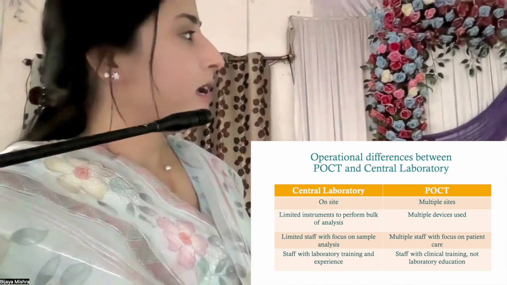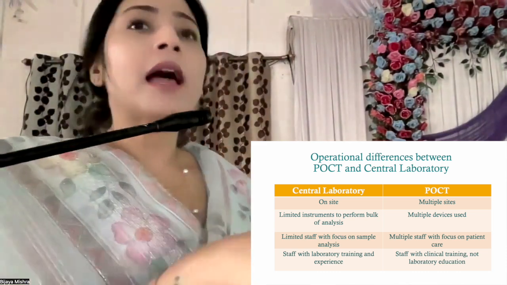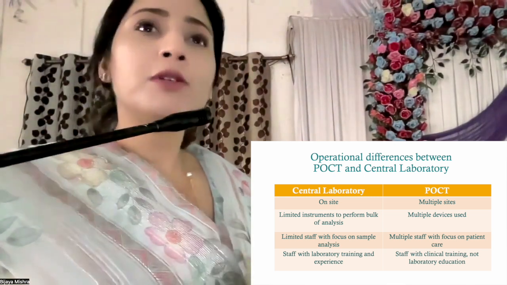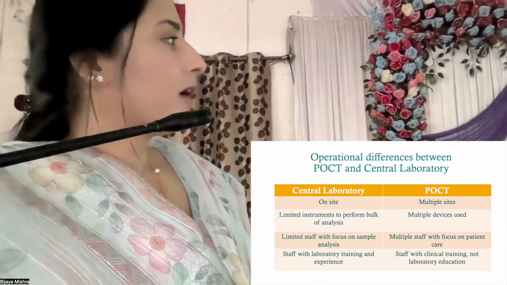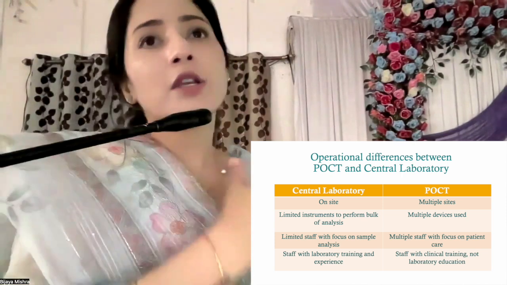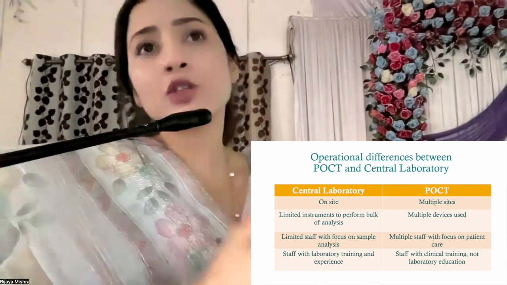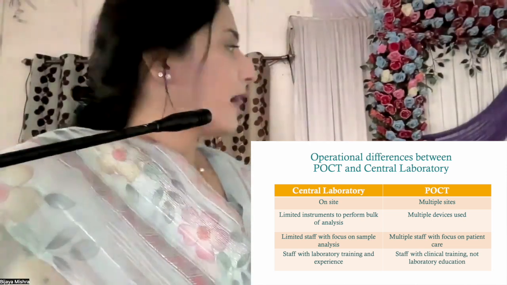But a point of care testing setup can be developed anywhere, like at the bedside of the patient, in the emergency department, or the ICU setup. In the central lab, there are limited instruments to perform the bulk of analysis. We use huge, large, clinical automated instruments to analyze, but POCT involves multiple devices.